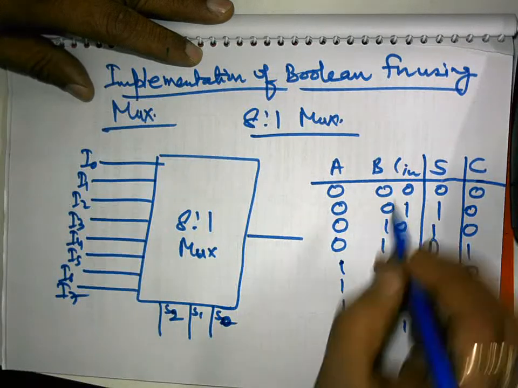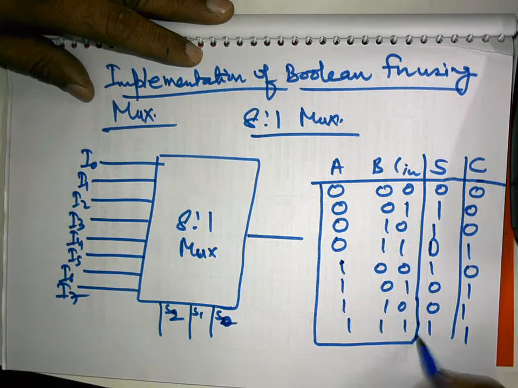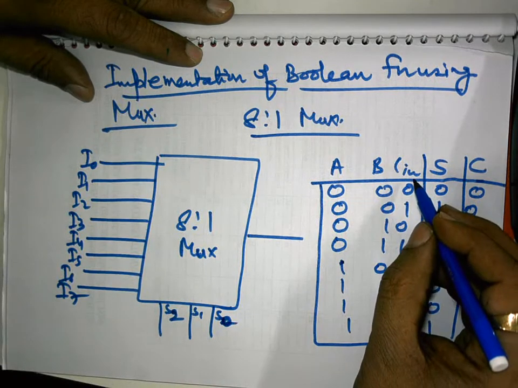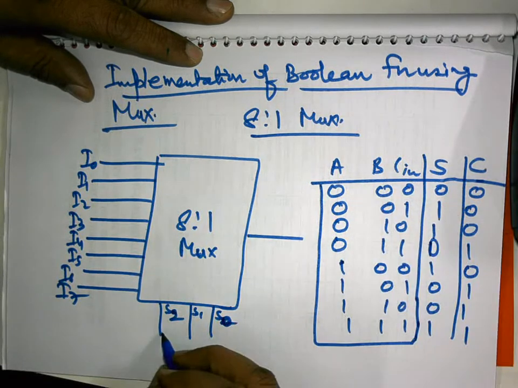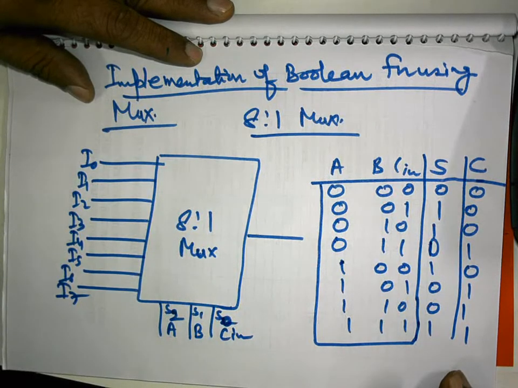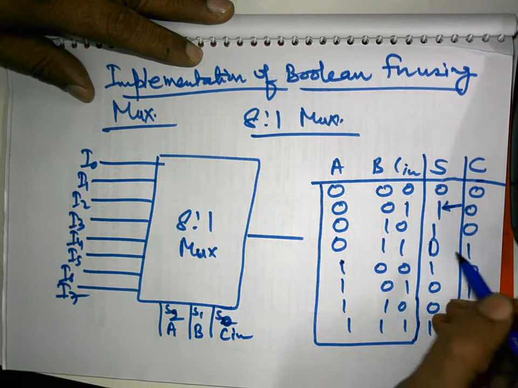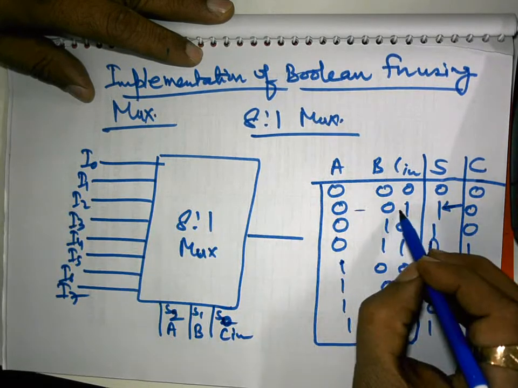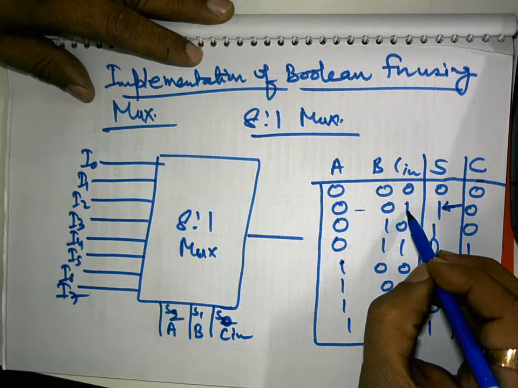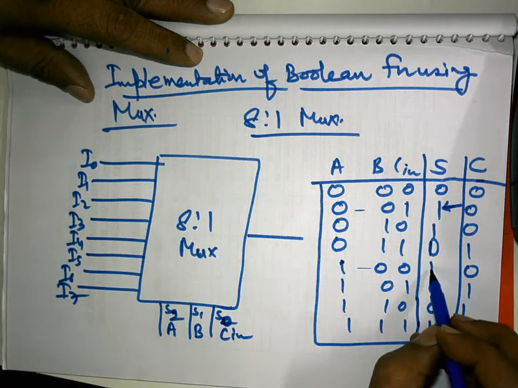So now you think this way, that you apply these patterns A, B and C on these select lines. Means you connect this S0 to the A line, you connect this S1 line to the B line, and you connect this to the C in line. Okay. And you see, one is desired at this combination, and one is desired at this combination. Okay.